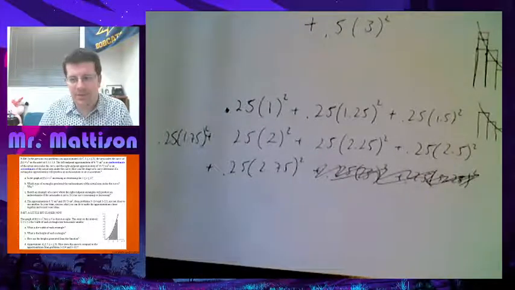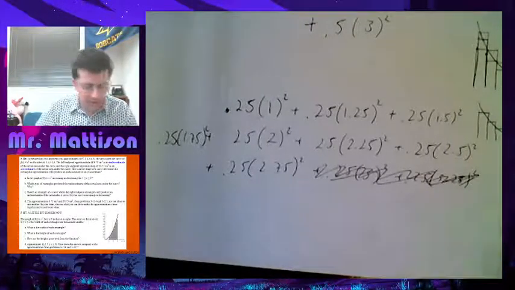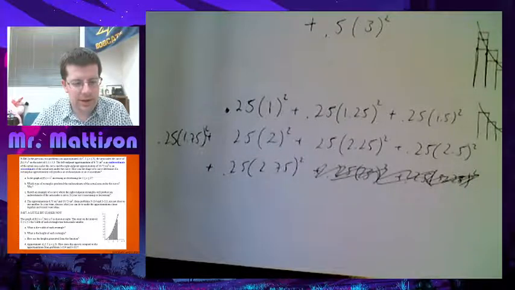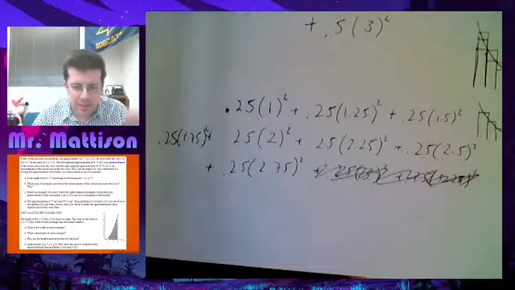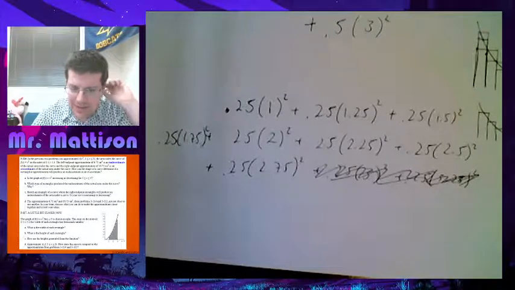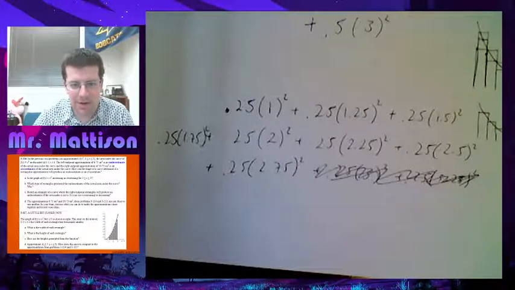To estimate that, if we do all of that, you should end up getting 7.6875, just to save you from having to type all of that in. So you should get 7.6875.